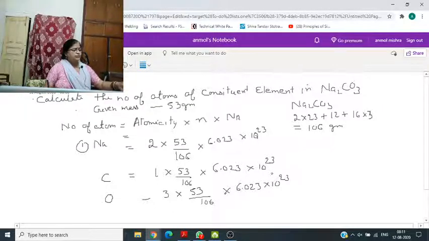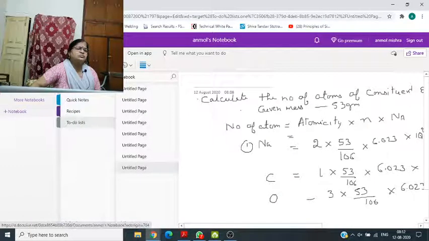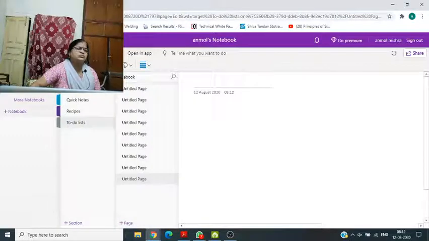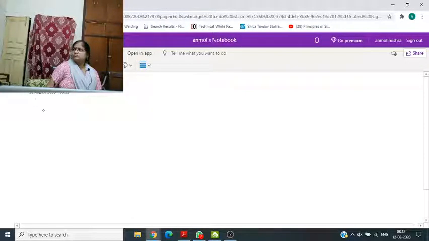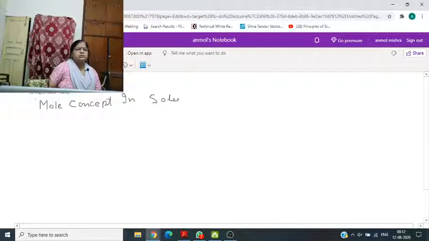Next is problems involving mole concept in solution. Now, what is a solution?